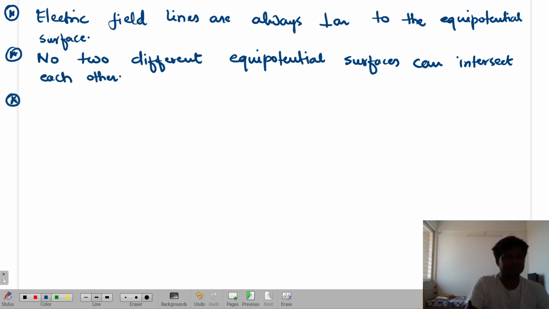Is that clear? Third point, remember that this is very, very important to understand.